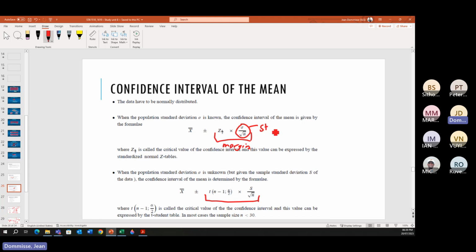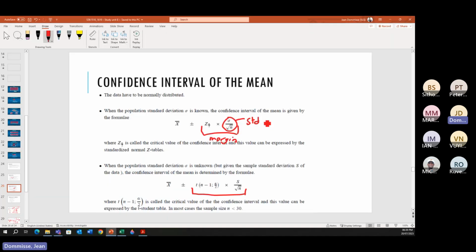So again, just a bit of terminology, that it might be that they ask you in the assignment, work out the standard error when you know it's only that portion. But if you need to work out the margin of error, it is including the Z.